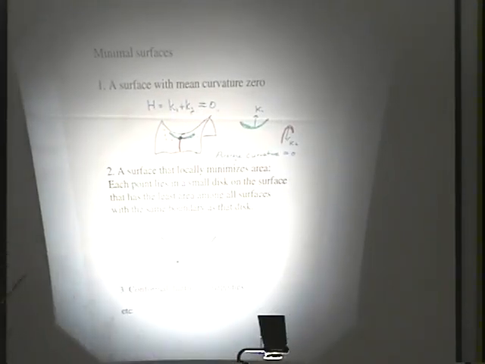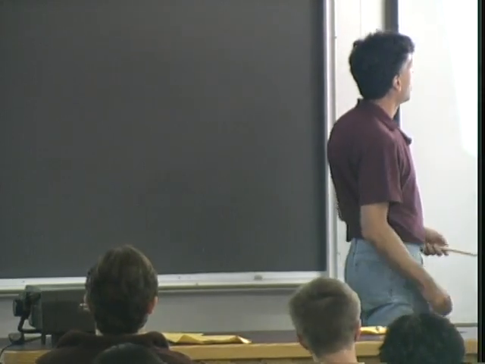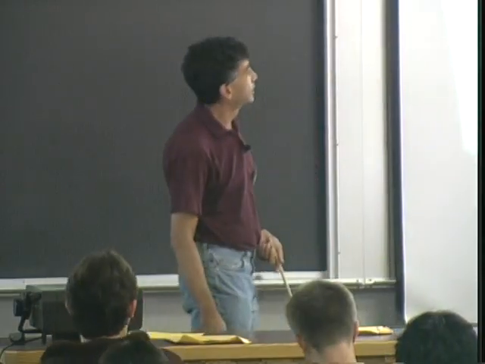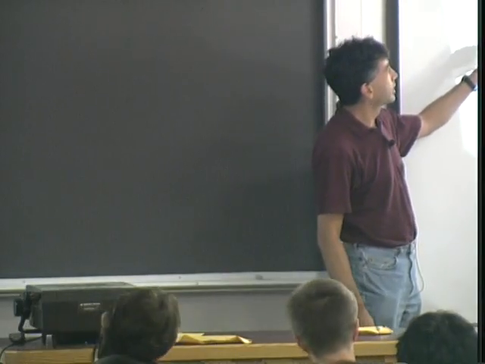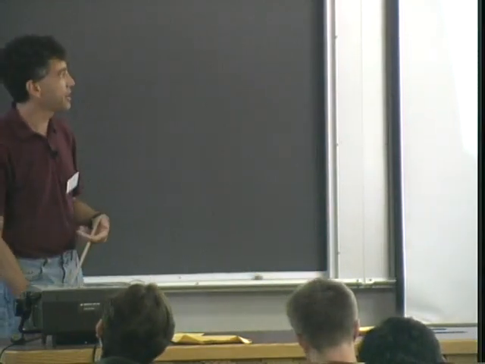let's take a minute to just say what a minimal surface is, since I never actually defined it. There are different definitions. One is a surface with mean curvature 0. You can just take a point on this surface. There are two principal curvatures associated with curves passing through that point.